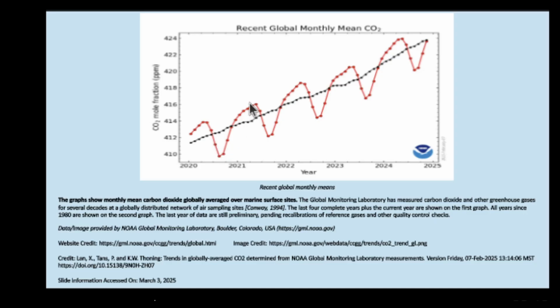The red curve is with the red dots, each representing the monthly average for each month from January 2020 through November 2024. That shows some ups and downs to it, that red curve. That's because there's an annual cycle in the concentration or amount in parts per million of carbon dioxide in the atmosphere.